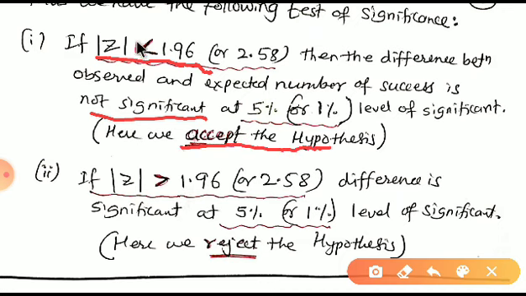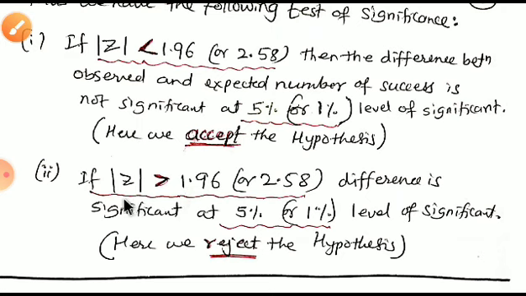Similarly, if modulus of z is less than 2.58, then the number of successes is not significant at 1% level of significance. In this case, we accept the hypothesis. So 2.58 is for 1% level of significance.